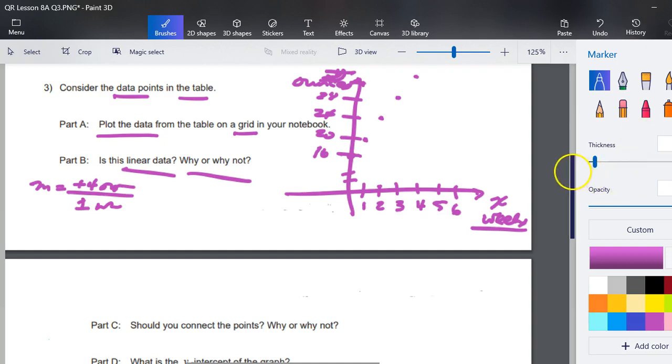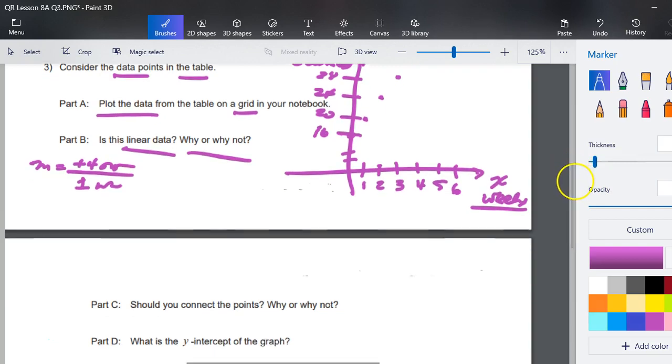But I'm going to scoot down the page just a little bit, and part C says, should you connect the points? Why or why not? And we need to think about this because our normal instinct is to just draw a line and connect all of the dots, but think about the data and what it really represents.